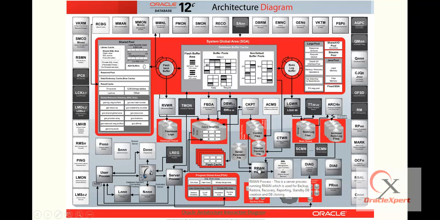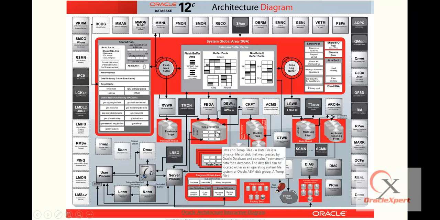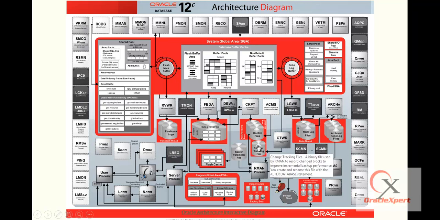A temp file is a temporary space on disk, part of a temporary tablespace, which cannot contain permanent database objects like tables, indexes, materialized views, etc. These files are specifically used to create sort segments.